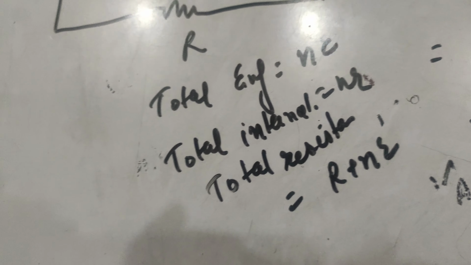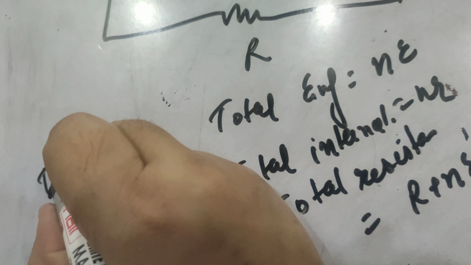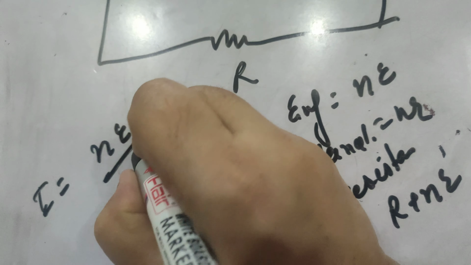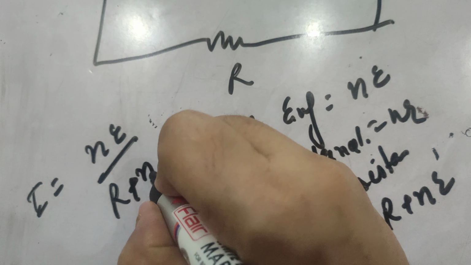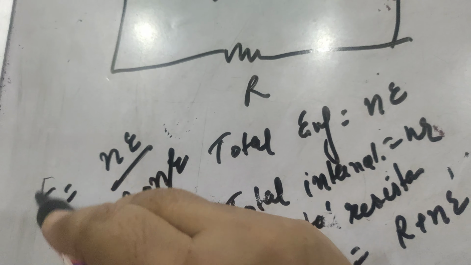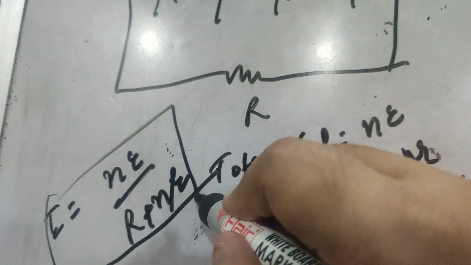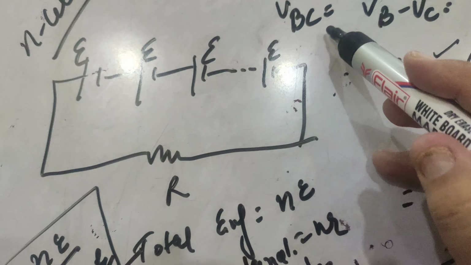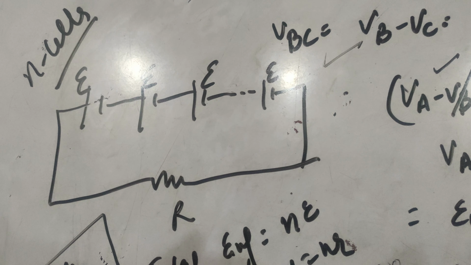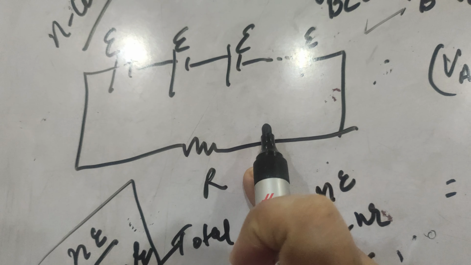So now we can calculate the total current. Our current is given by total EMF, that is nE, upon total resistance R plus nr. So this is the expression for total current which can pass through the circuit containing n cells of equal EMF and external resistance R.